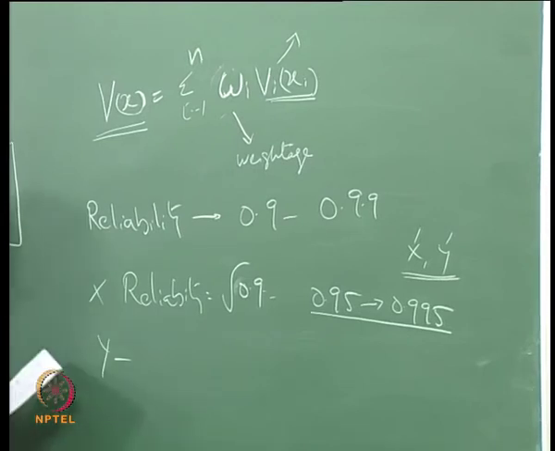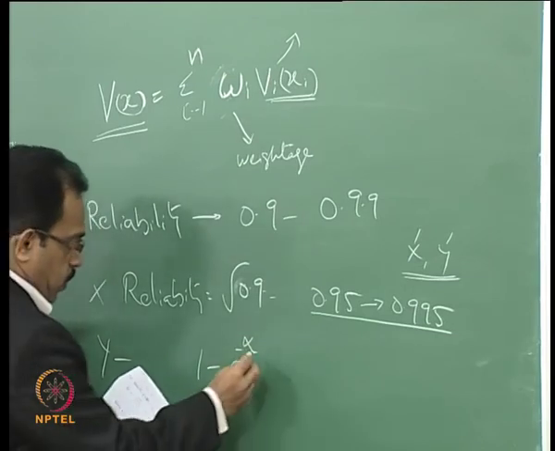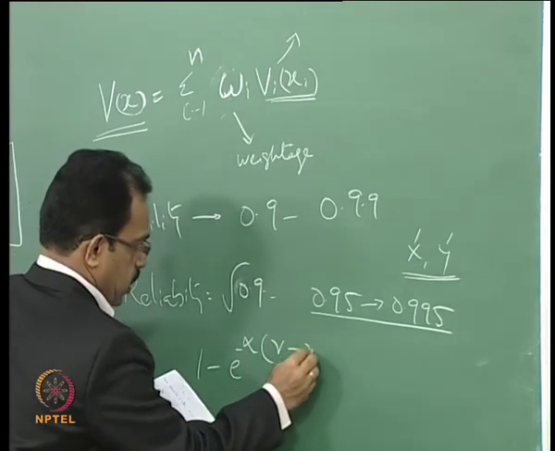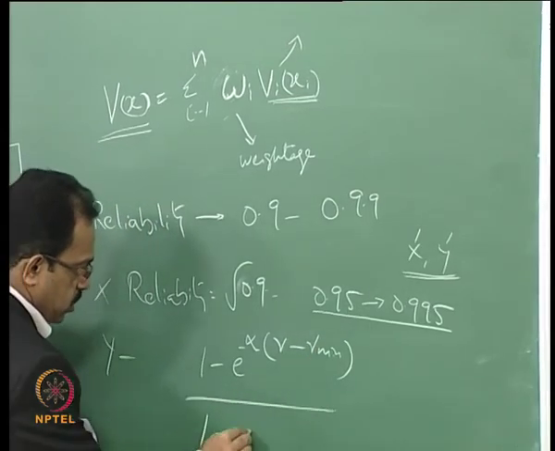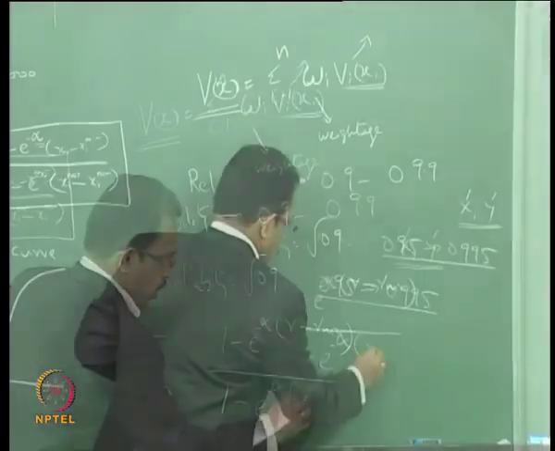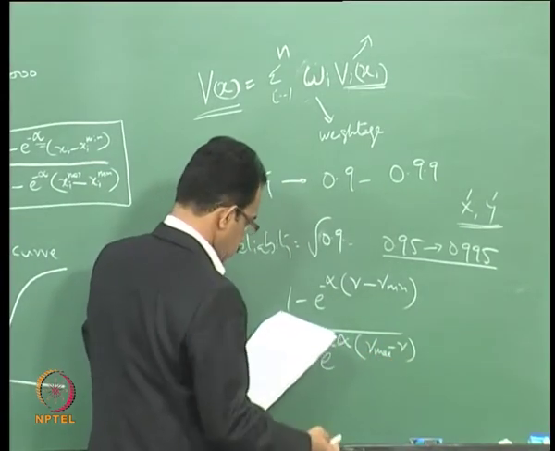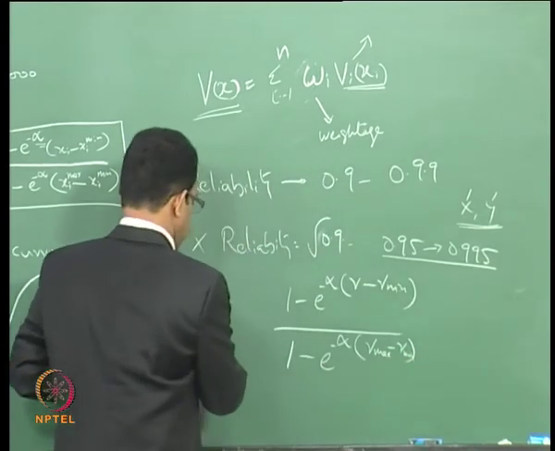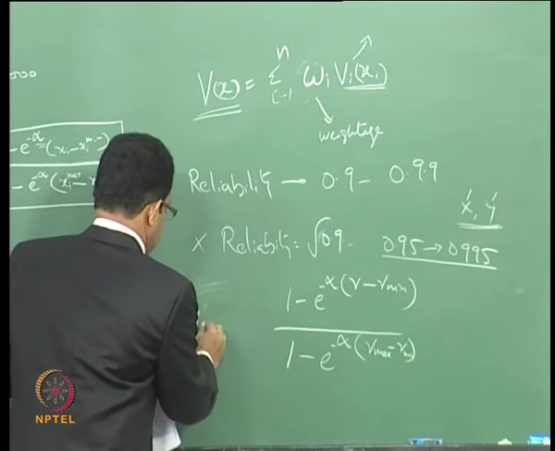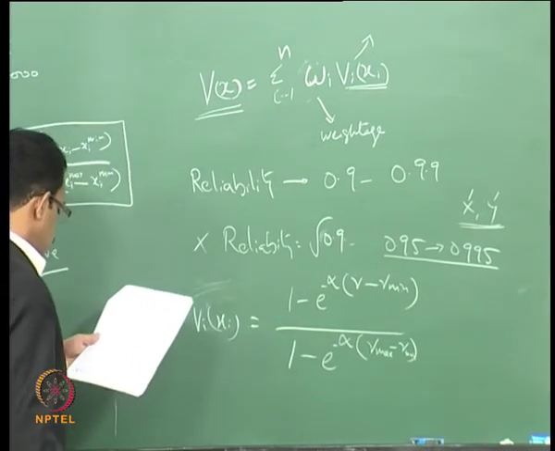Then we can define a function: 1 minus e to the power of minus alpha times (reliability minus the minimum reliability), divided by 1 minus e to the power of minus alpha times (r max minus r min). This function can be defined for the reliability of x, and we can plot the reliability under different situations.